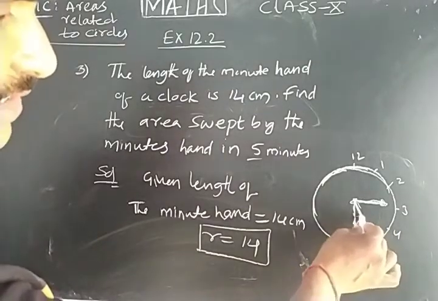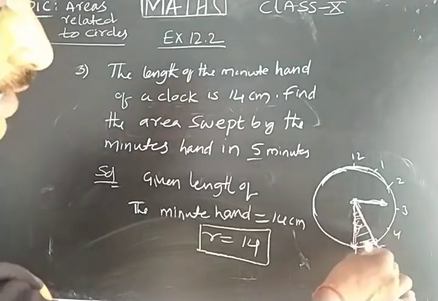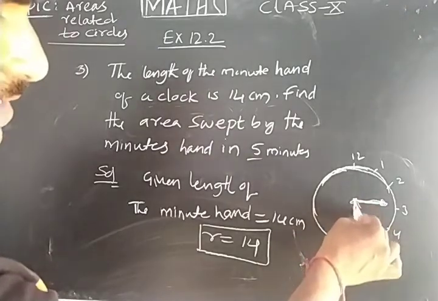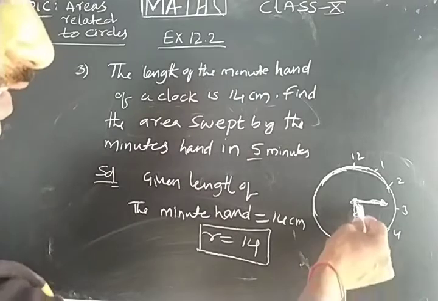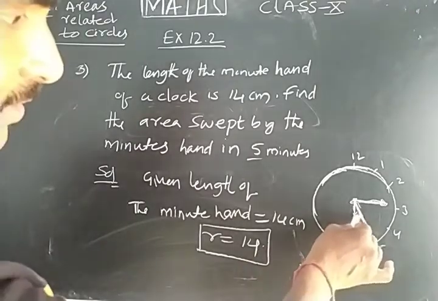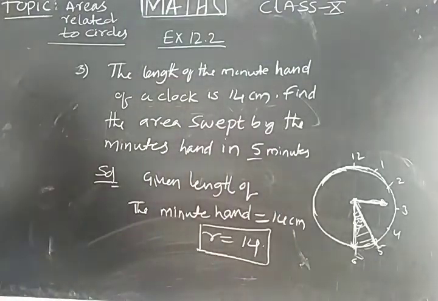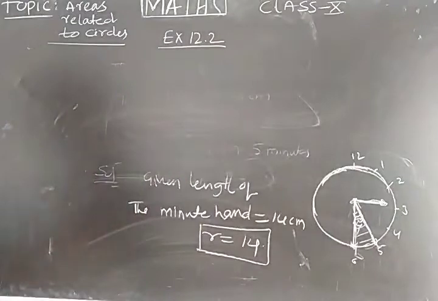We need to find the area swept by this minute hand in 5 minutes. To find this area, observe the figure, it is in the form of a sector. To find the sector area, we need the radius. Already we have the radius, we need the angle also. Angle is not given, we have to find the angle first. Then we can find the area swept by the minute hand.